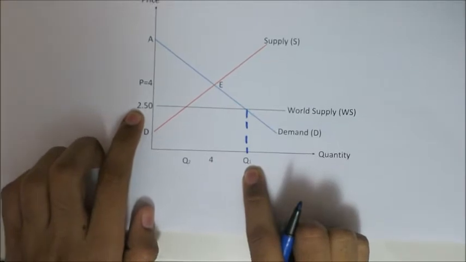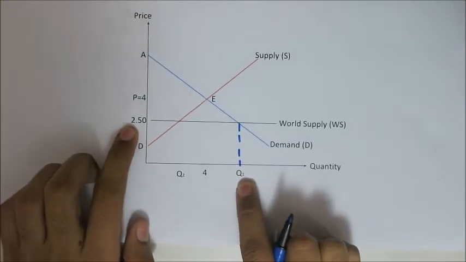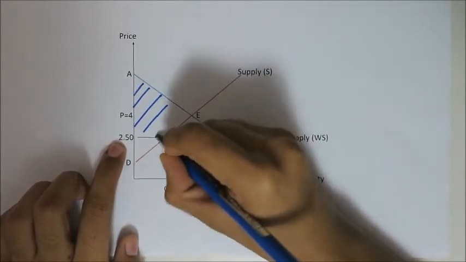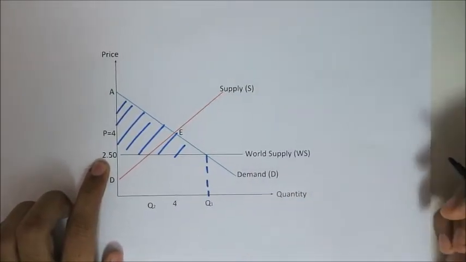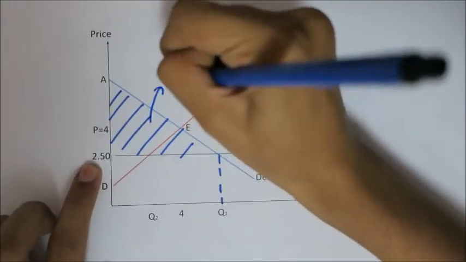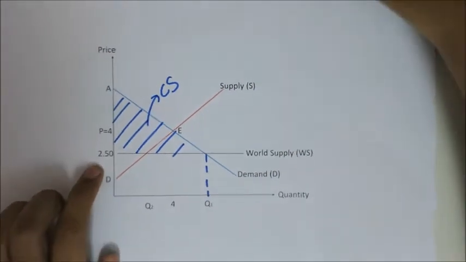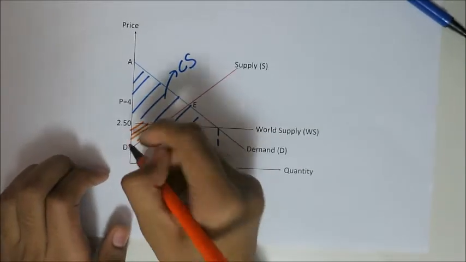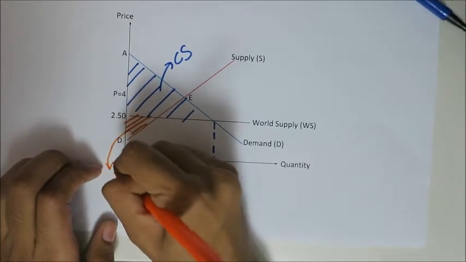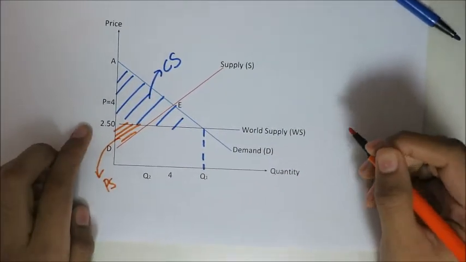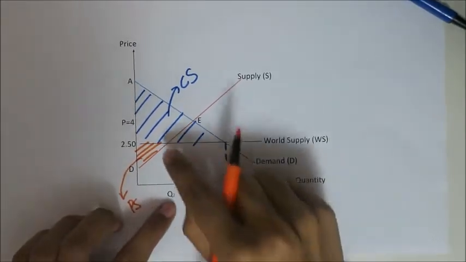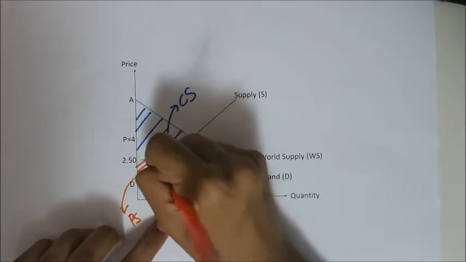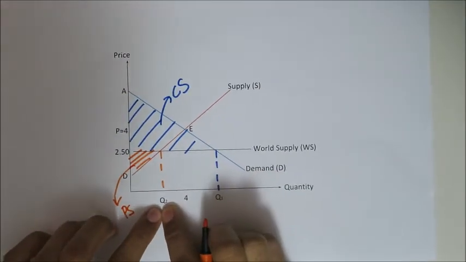So there is a consumer surplus of this whole triangle that represents the consumer surplus. And below the equilibrium price would be the producer surplus, PS. So with that, I would say that producers will only be able to supply their rice at only Q2.